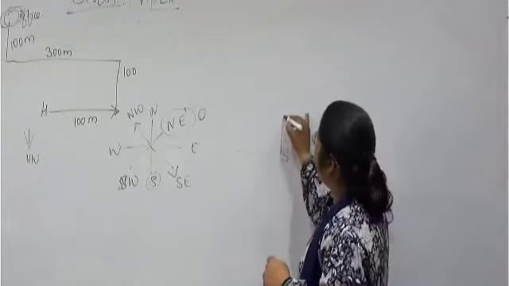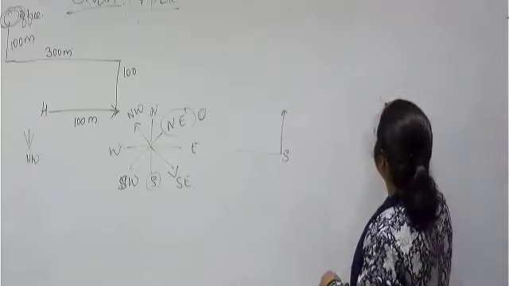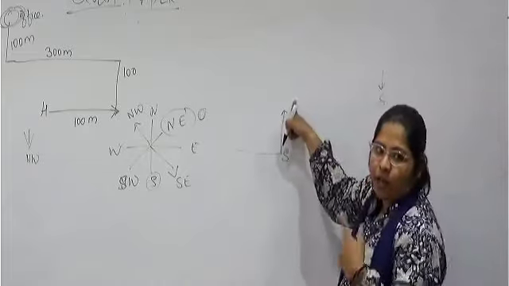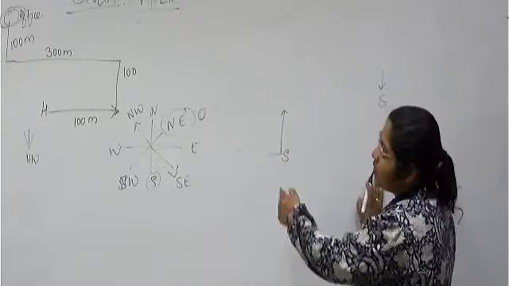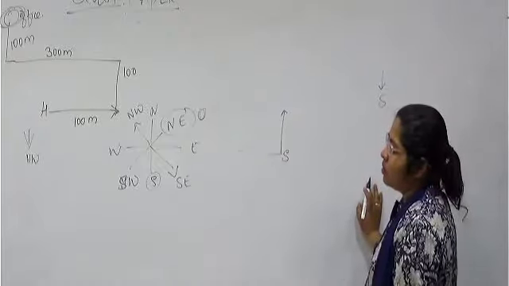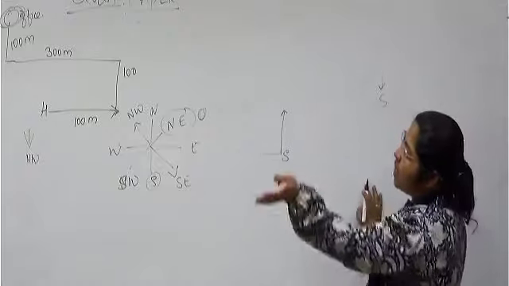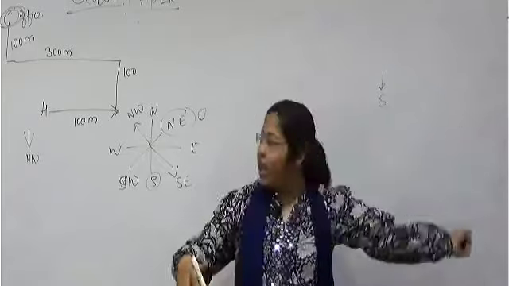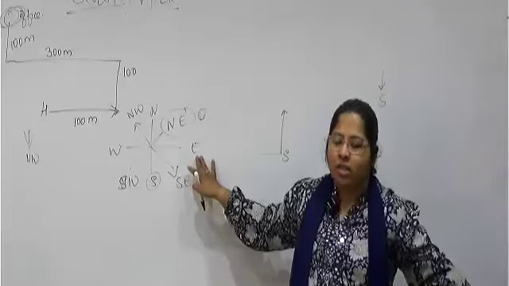And he took where? If this is south, he is taking right of south. No, left of south. What is left of south? If he is walking towards south, the left side of south is what? Not southeast, but east.